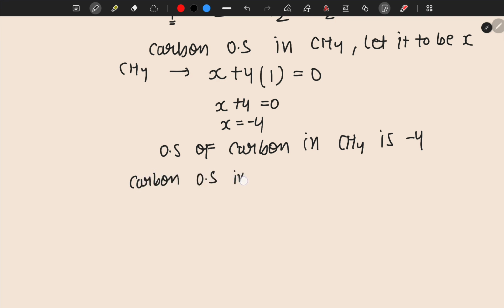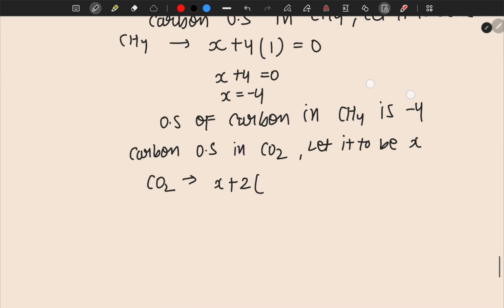Then carbon oxidation state in CO2. Again, let it be X, or you can assume it to be Y. It's up to you. CO2: X plus how many oxygens are there? 2. What's the charge on one oxygen? -2.